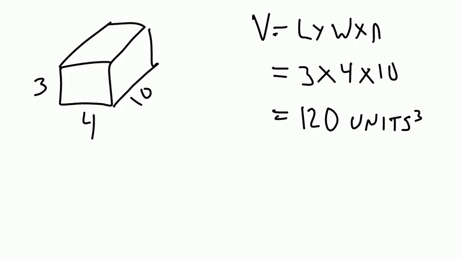Next example that we're going to look at is referred to as a triangular prism. So it's similar to a triangle, but with that added third dimension of depth. So if you remember, the area of a triangle was 1/2 of the length times the width.